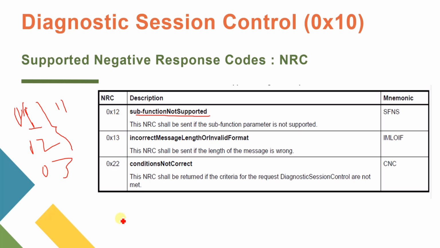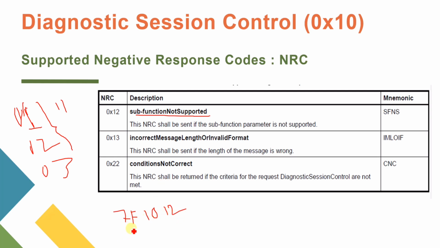So how will we get the response? 7F is the code for a negative response. Then whatever we requested, 10 11, we requested it. 10 it will consider for diagnostic session control. Now it will throw 7F 10 and it will send the NRC, which is 12.